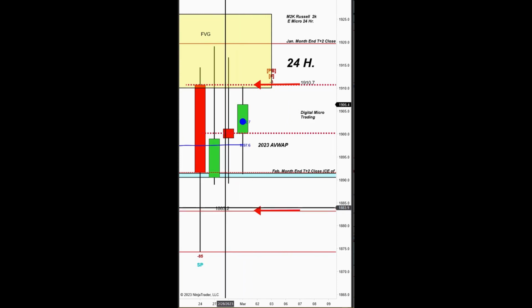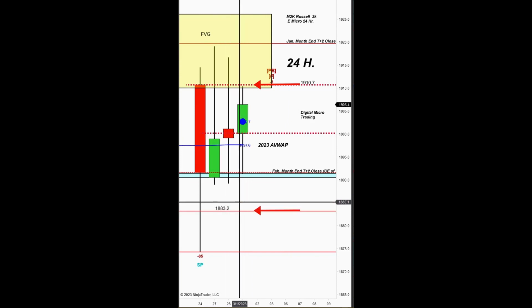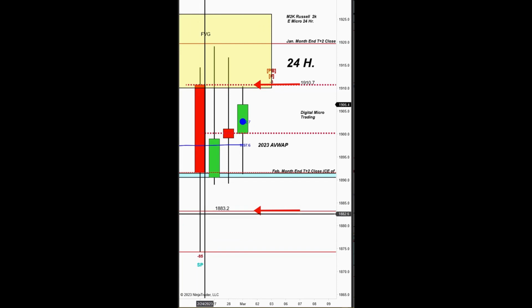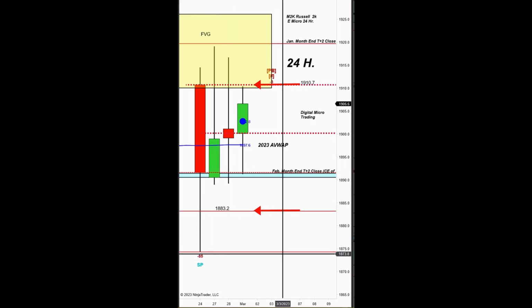You never know, but that's the mid-level of the wick from February 24th on that dip below this low. I'm looking for the middle of the candle wick if we get there, 1883.2, but I'm not calling that for today. So let's get to the next chart.